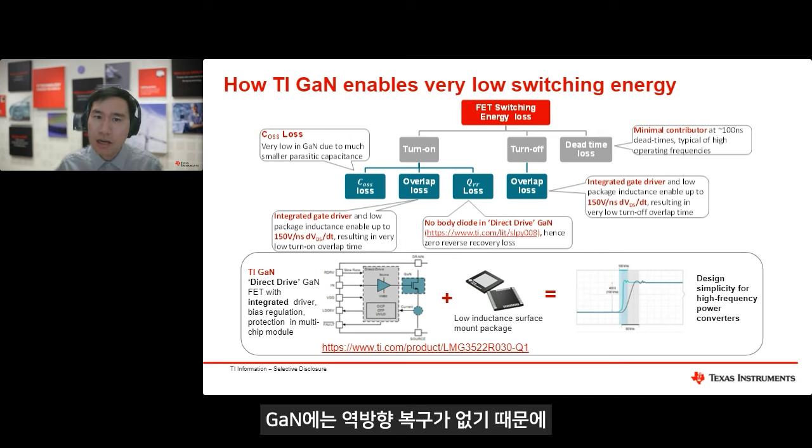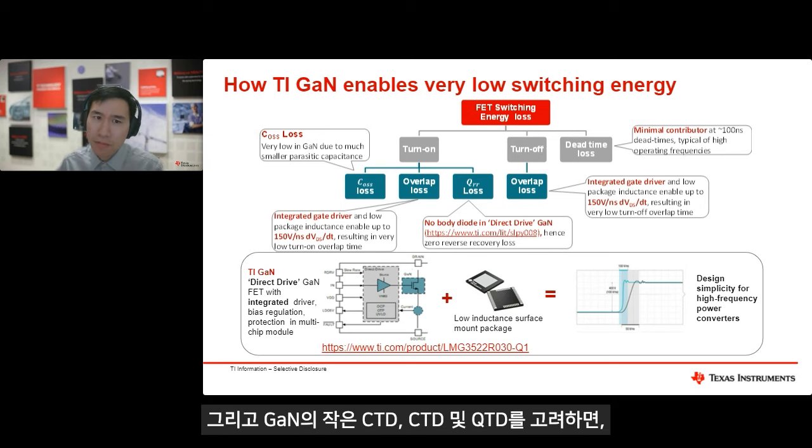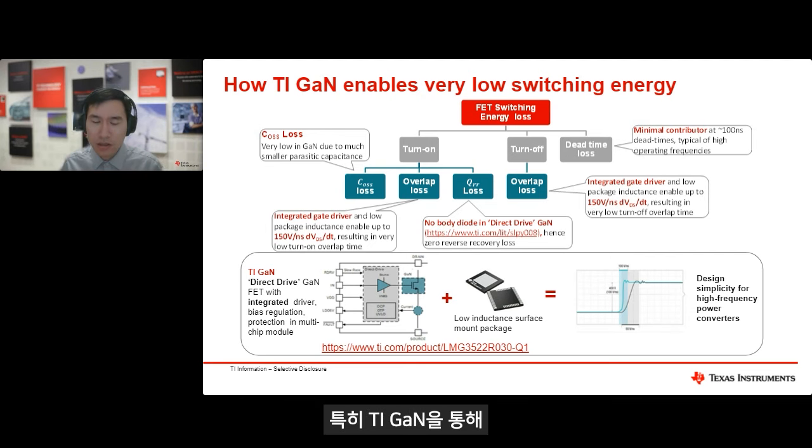And GaN doesn't have any reverse recovery, so the reverse recovery loss is 0. And considering the small CGD and QGD of GaN, the overlap loss can be minimized, especially with TI GaN.